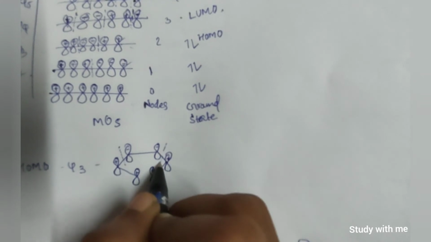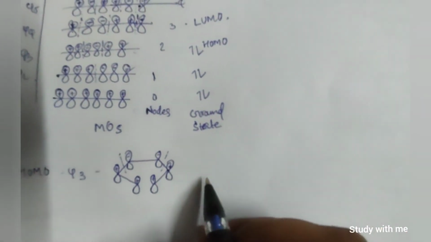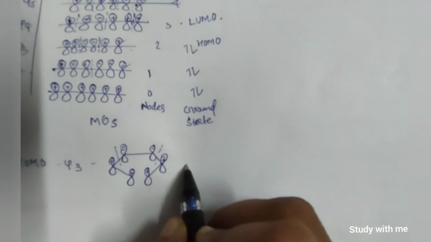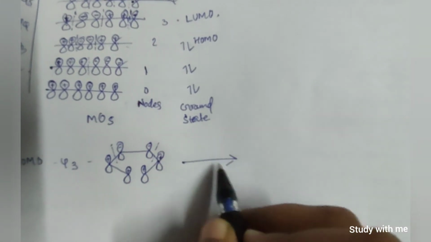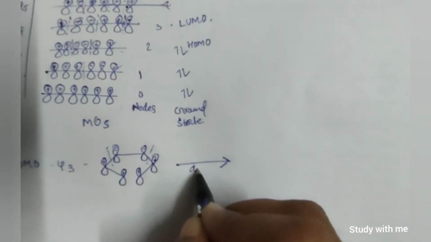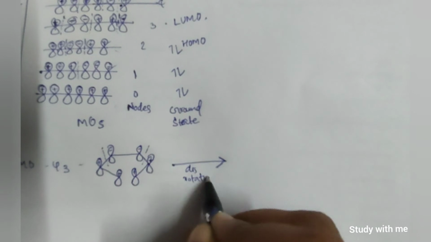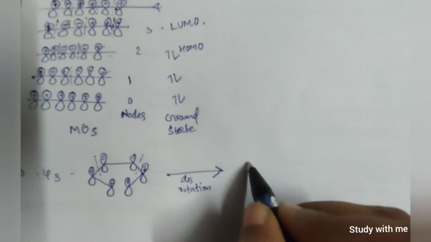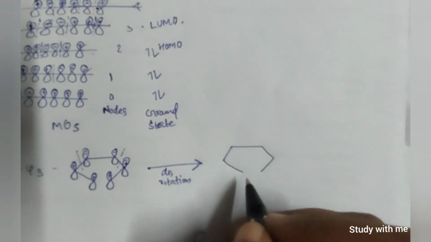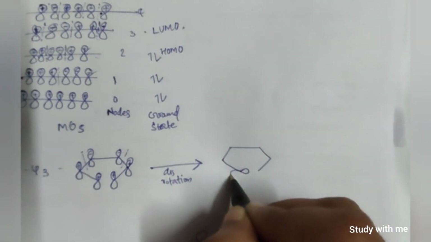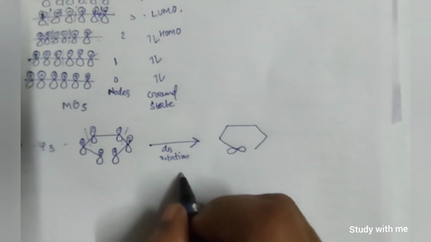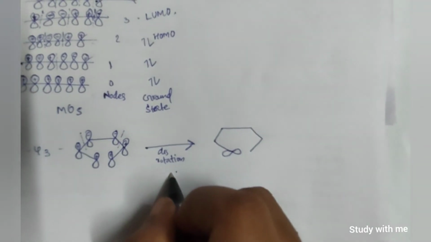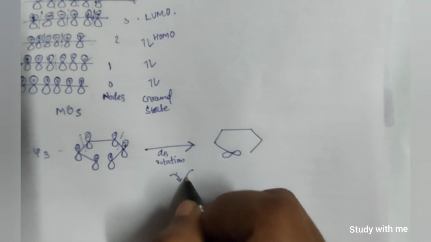The nodes are here, and if it is rotated by disrotation, what will be the answer? So the answer will be, what is disrotation? The 2 of them will rotate to the opposite side. So this will rotate to here, this will rotate to here.